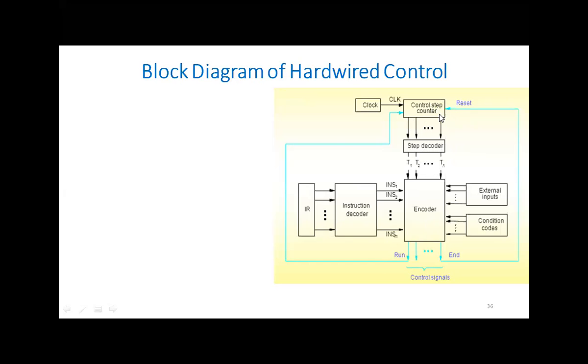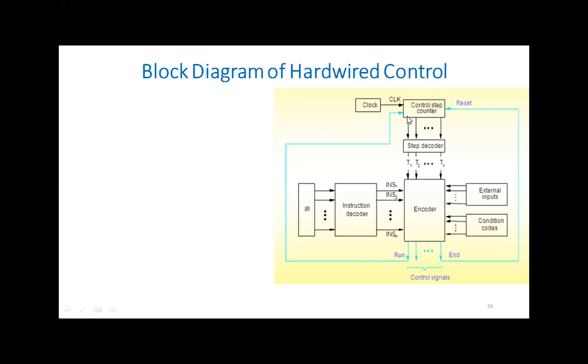And reset: if one instruction is completed using all the stages of instruction execution, from fetching to writing the result, it needs to be reset to point to the first stage again, that is 1. I told you that this counter value oscillates between 1 and 5.